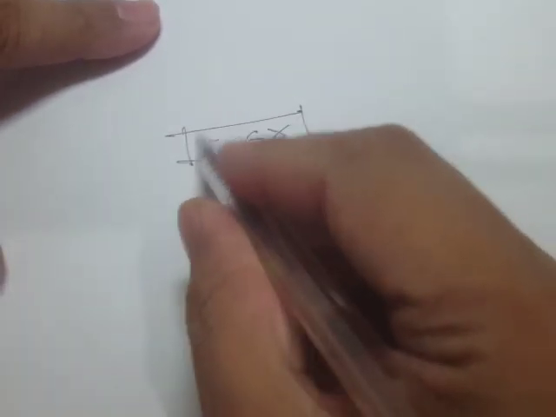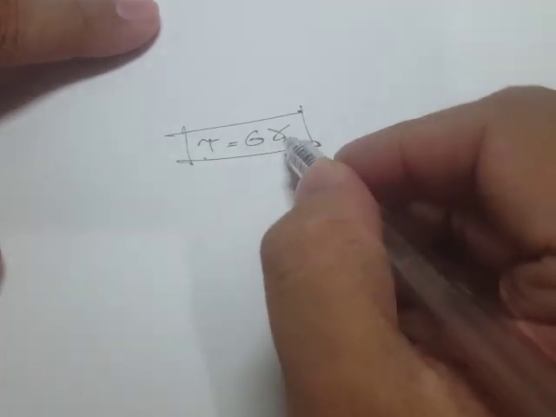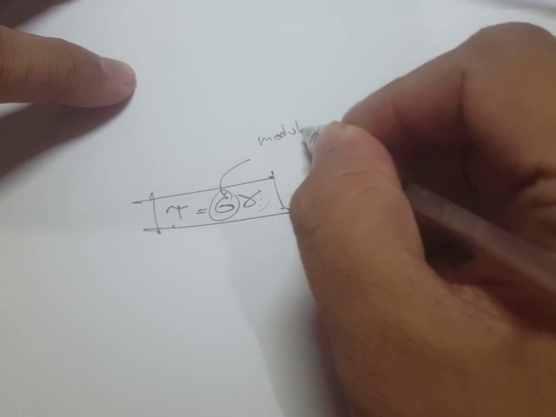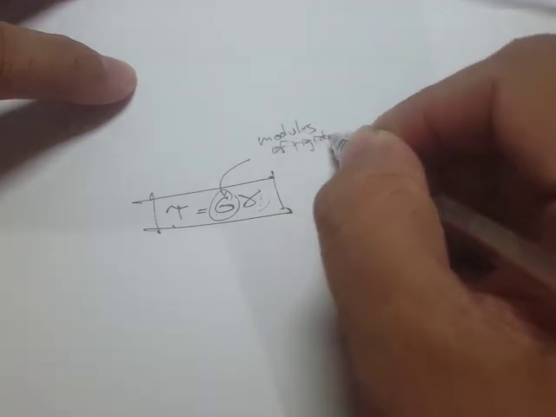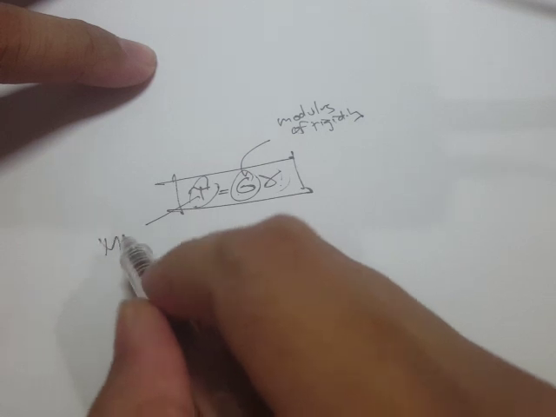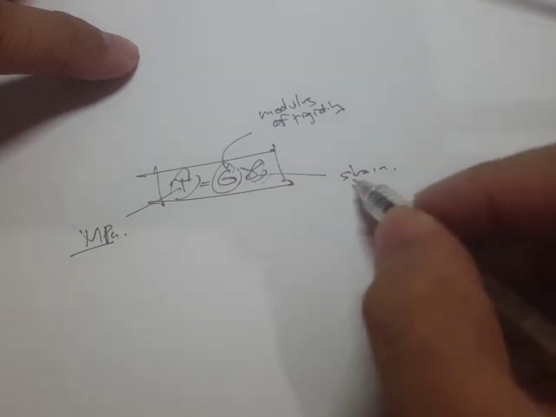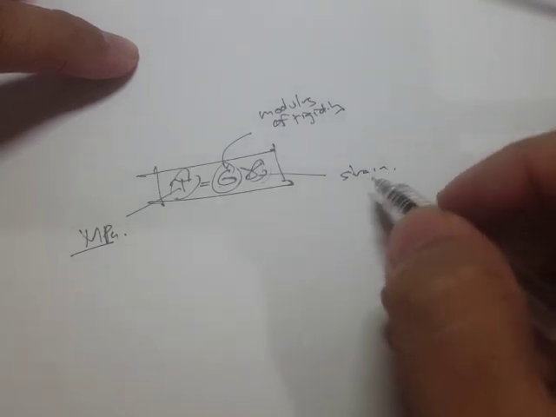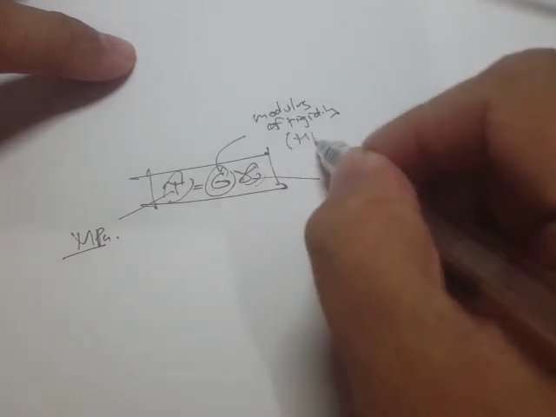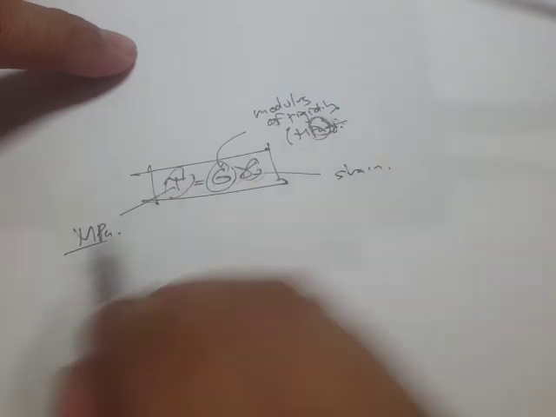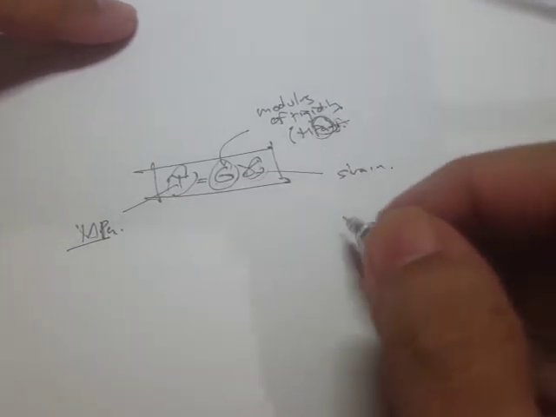It is given by this expression: the shear stress is directly proportional to the shear strain, and this proportionality constant is what we call the modulus of rigidity. Since the strain is dimensionless, this one would be in megapascals or gigapascals, so just take note, it has the same unit as the stress.